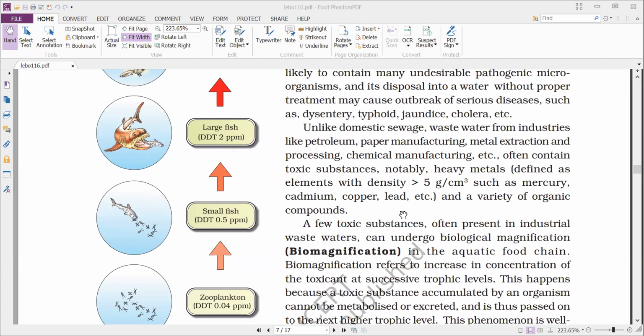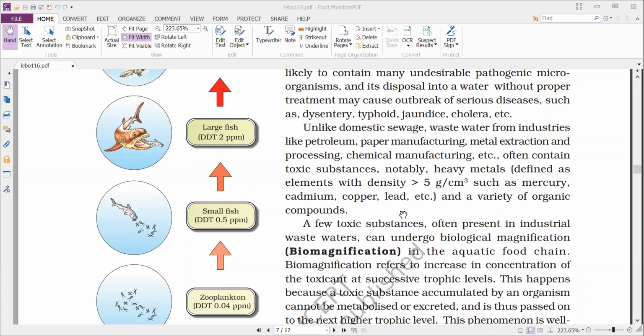This accumulation of toxic substances within living organisms through the food chain, from one trophic level to another, we call biomagnification.